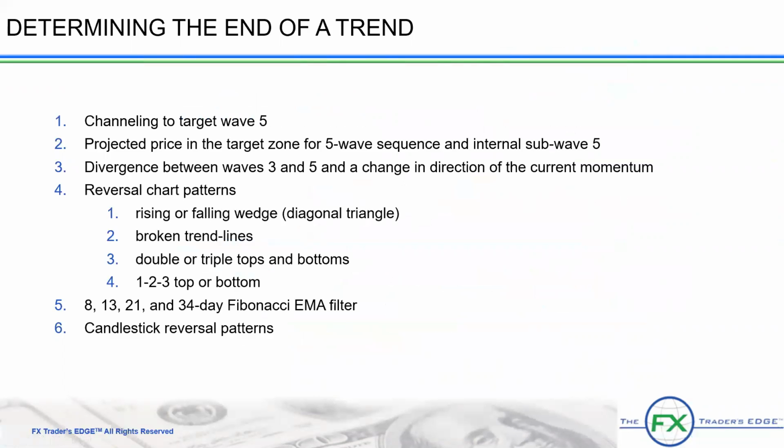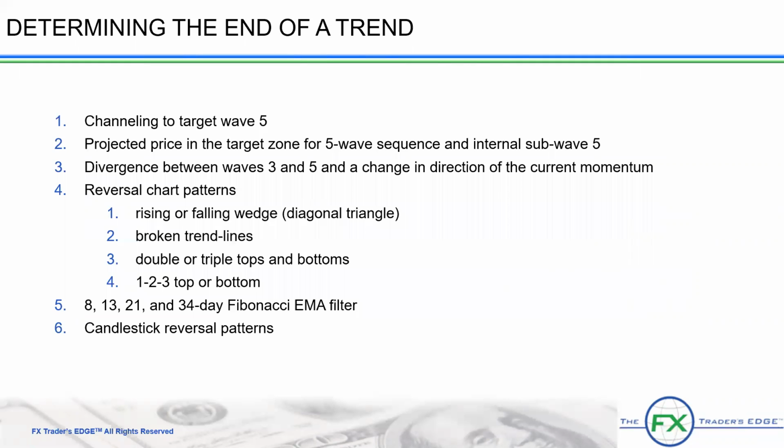I'm not going to go through these again. This is just a summary for you. We projected price in the target zone for the 5-wave sequence using Fibonacci, and we projected price in the target zone for the subwave 5 using Fibonacci. So those are 2 ways to channel the wave 5 target.